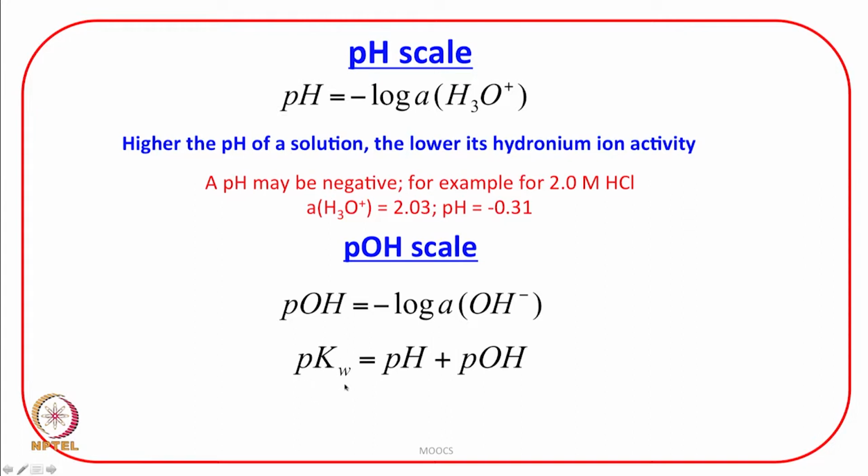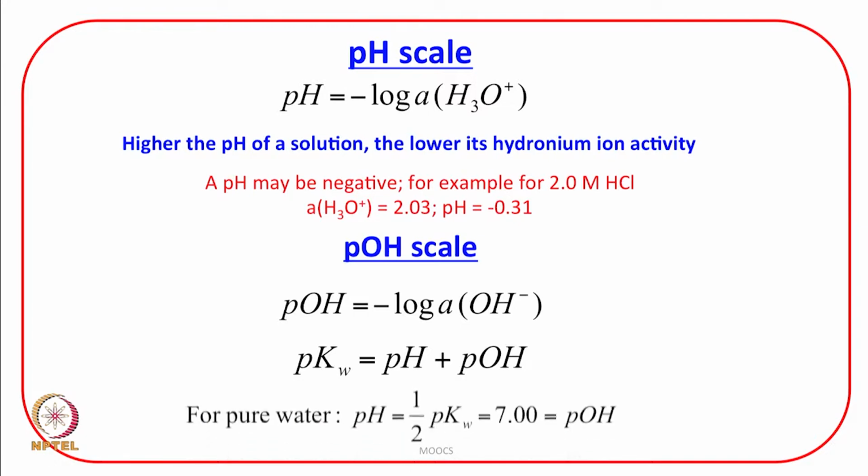Since pKw is a constant quantity at a given temperature, pH and pOH have to adjust in such a way that the sum remains constant. In other words, if the value of one goes down, the value of the other must go up to keep the sum constant.